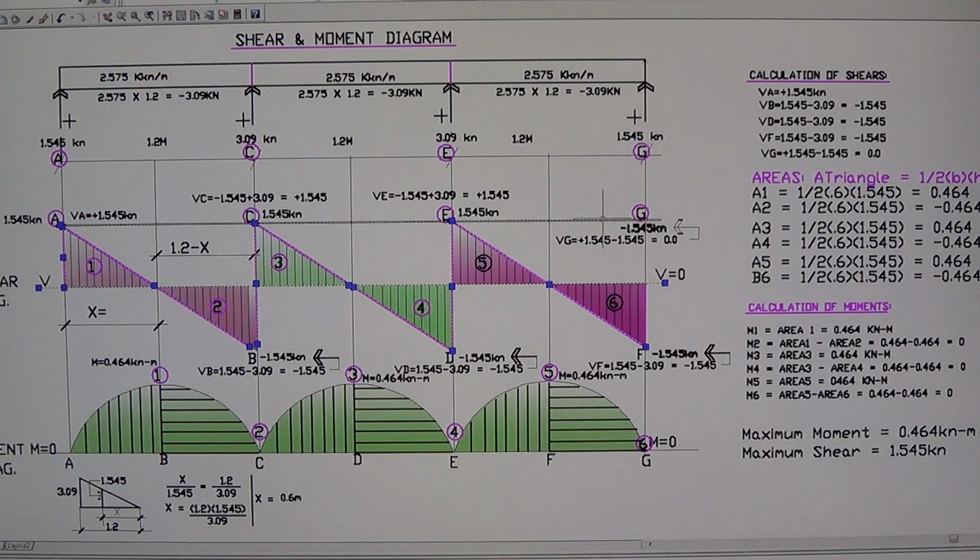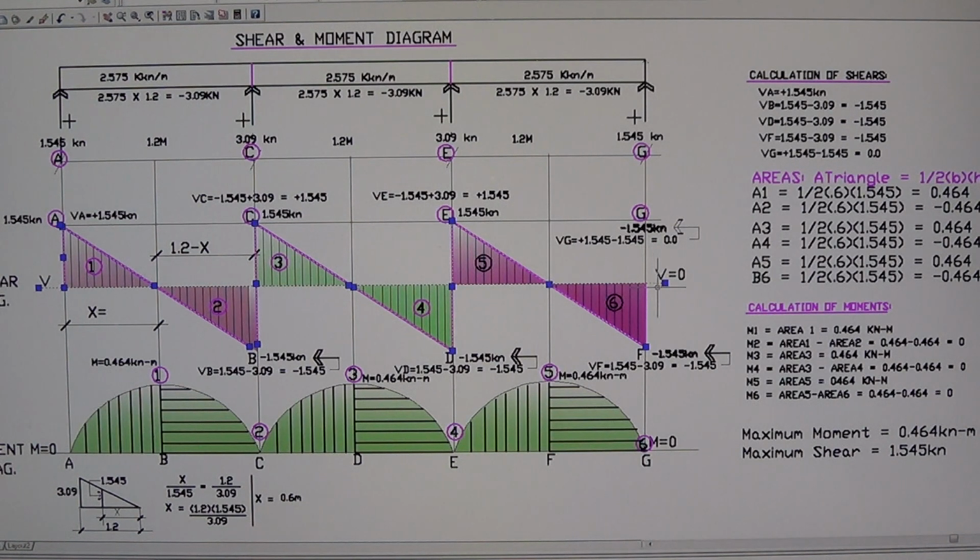So you calculate that, the plus 1.545 minus 1.545, the shear at G finally is equal to 0. It should be 0.